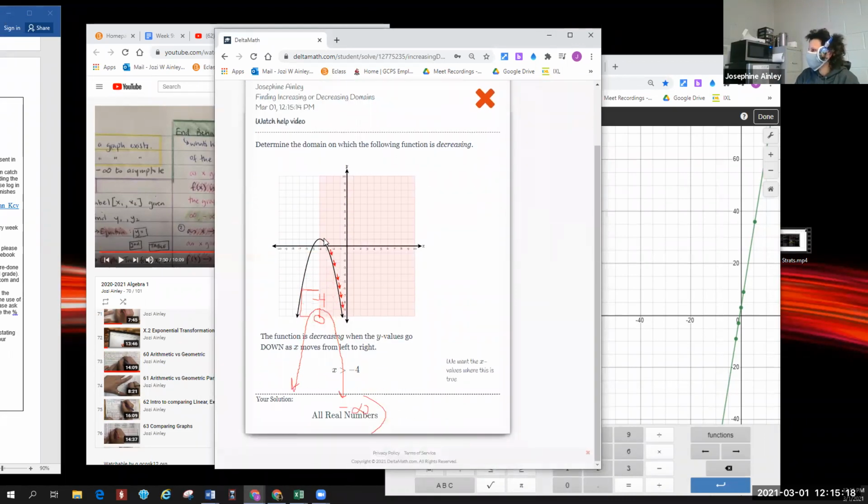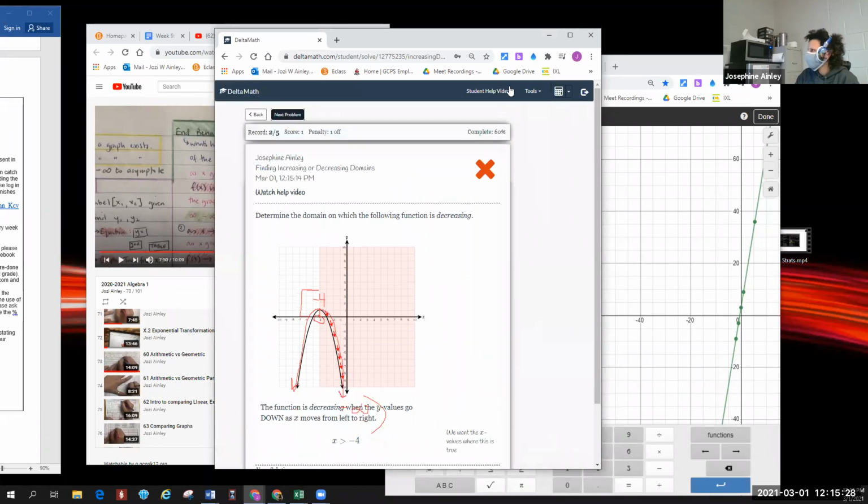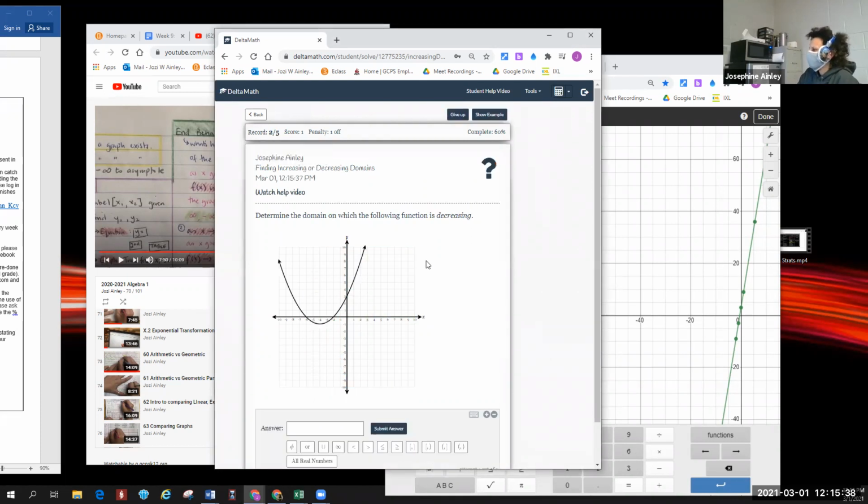That's what I did, -4 to negative infinity. What did I do wrong? Yeah, I'm not sure why I got that question wrong, actually, because I said from -4 to negative infinity. Unless I tapped the negative infinity first. All right, so I can't remember what I tapped.